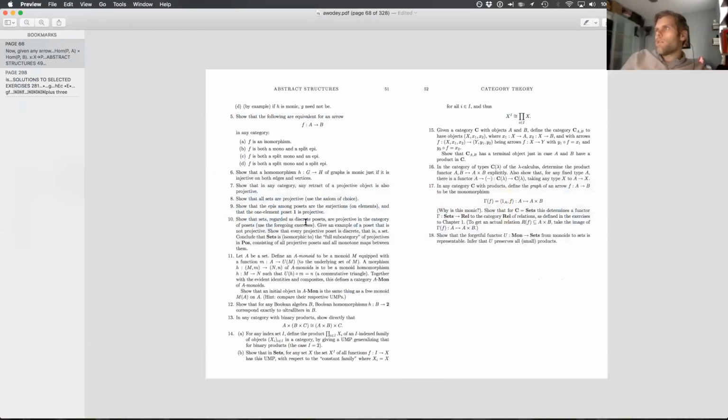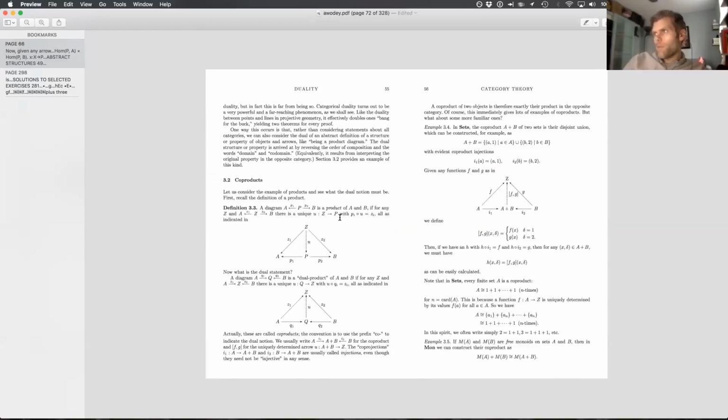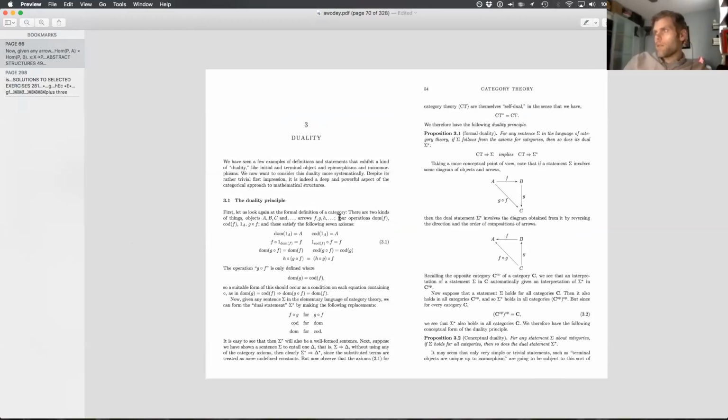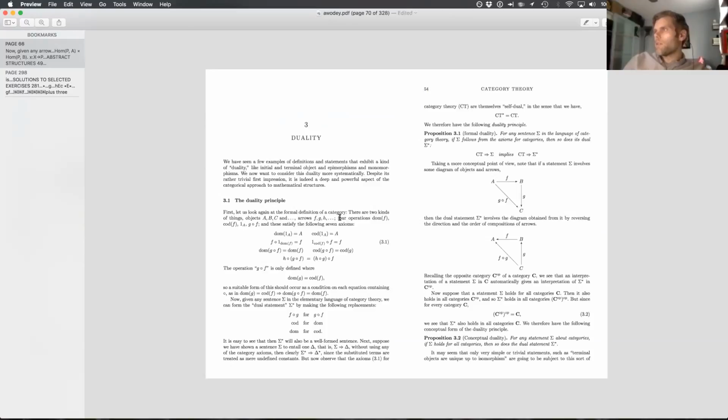All right, so next time we're going to start with chapter 3 on duality. So we're going to flip all of our arrows. We're going to start talking about coproducts. So we should read 3.1 and 3.2. I think 3.1 is not really enough. There's not a lot of content there.